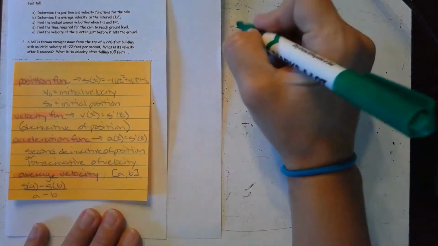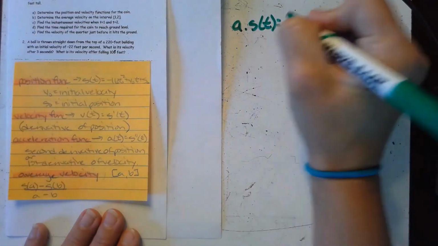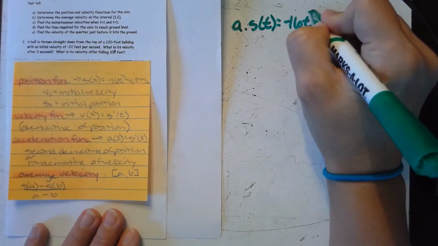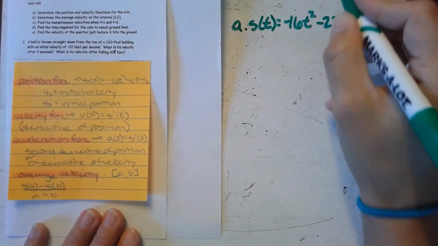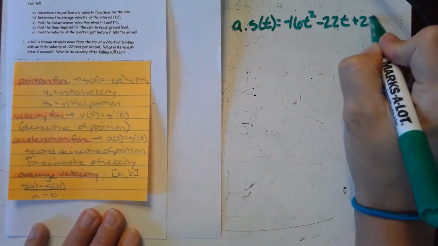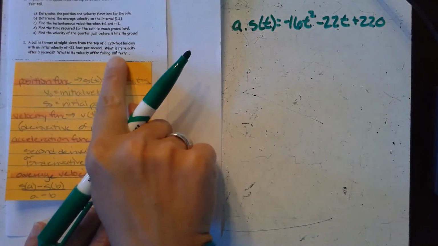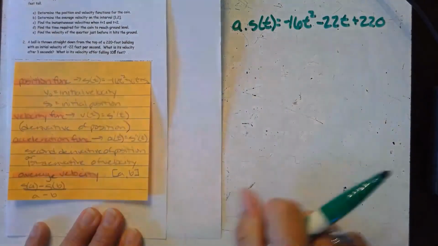From there, I can get my position function, s of t, negative 16 t squared. Now they give us the velocity of negative 22 t, and they tell us it's from a 220-foot building. What is its velocity after 3 seconds?